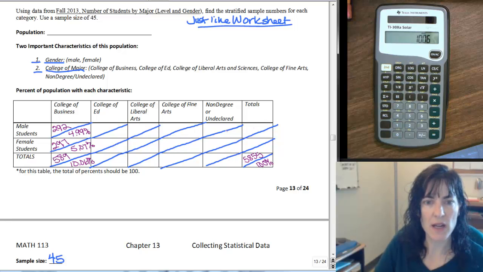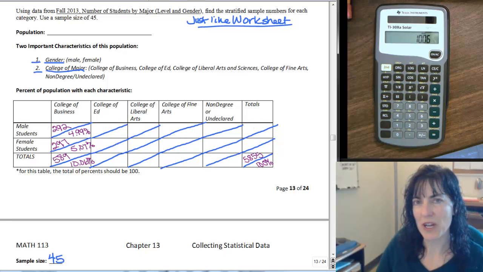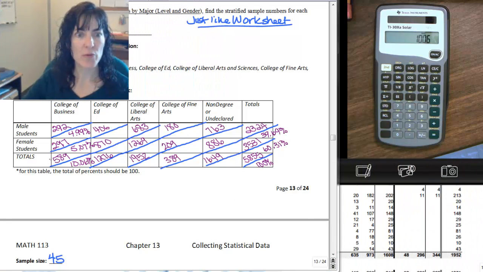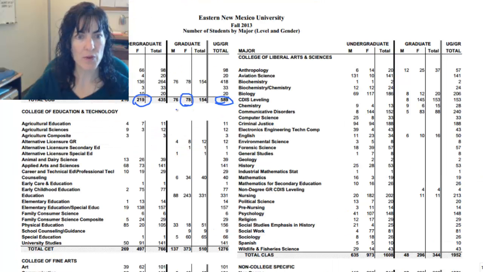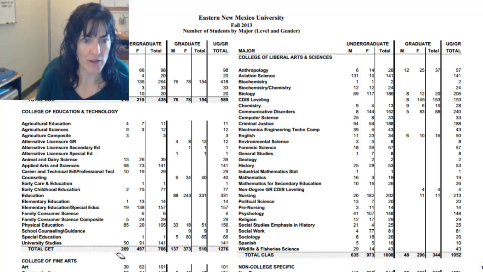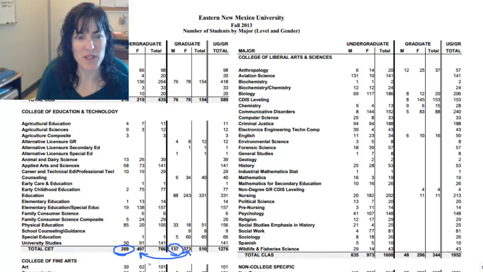The very last thing that I want to do is double check my totals. Okay, so I've written in all the numbers for the students from the College of Ed, and remember that comes from this page. If we're looking for College of Ed students, for males, I will take this 269 plus the 137, and for females, I'll take the two female numbers, undergraduate and graduate.